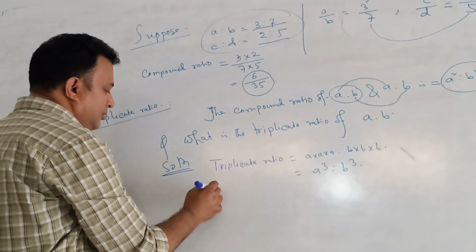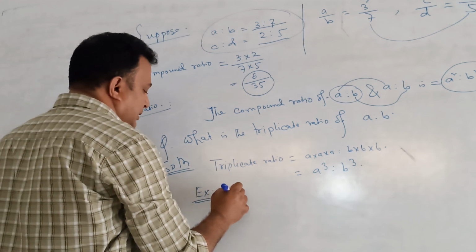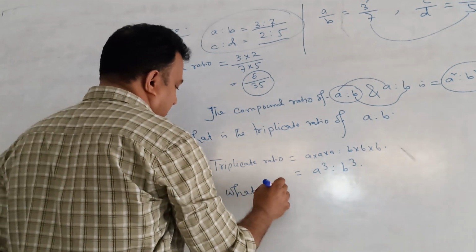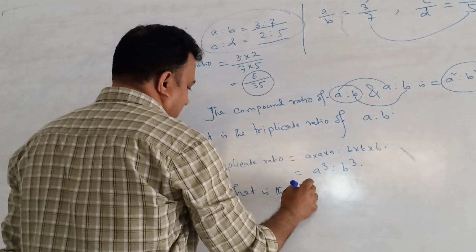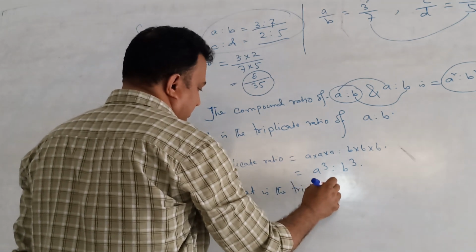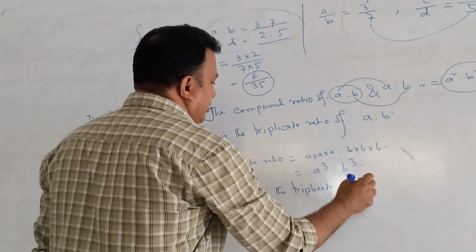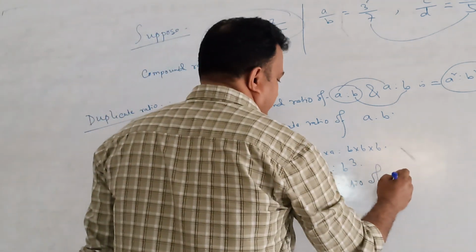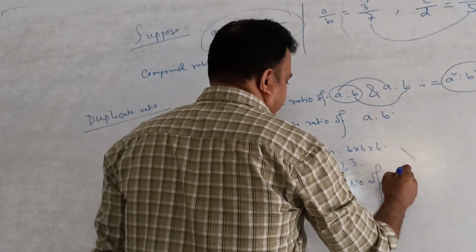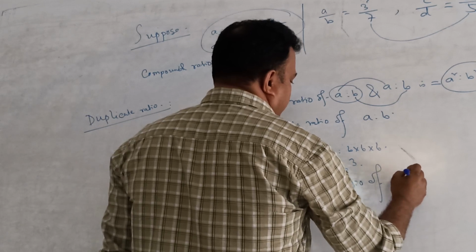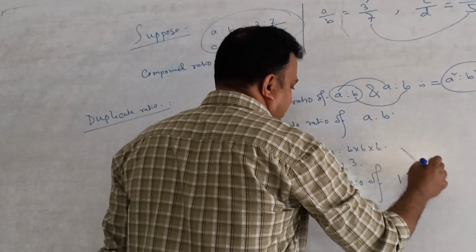Example, what is the triplicate ratio of 1:3?